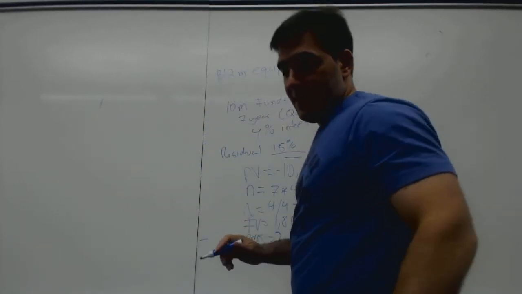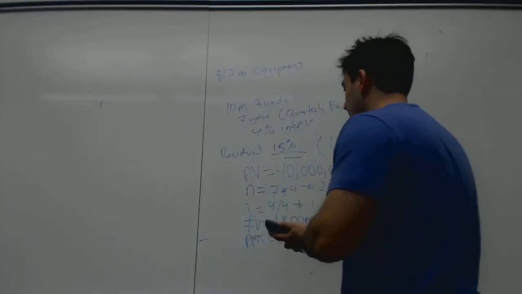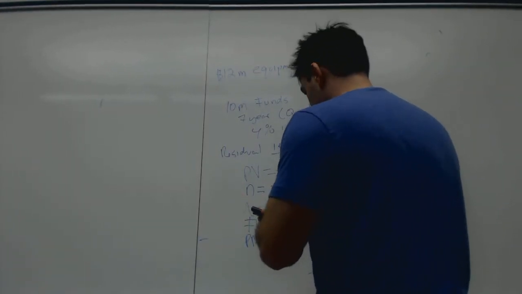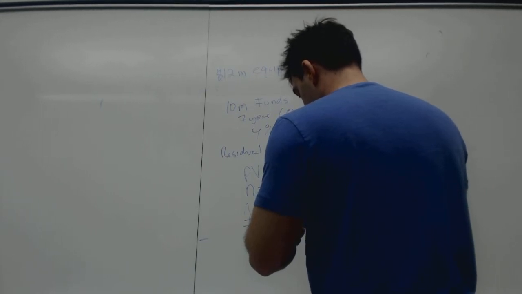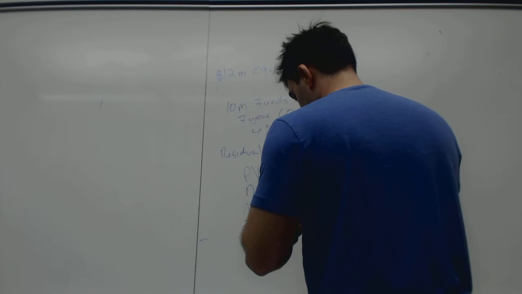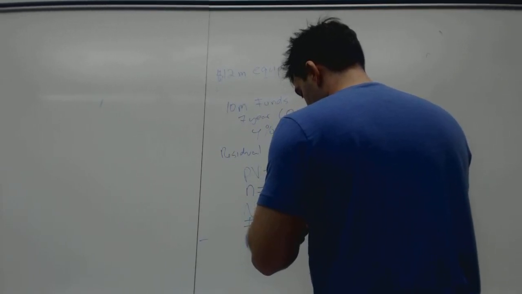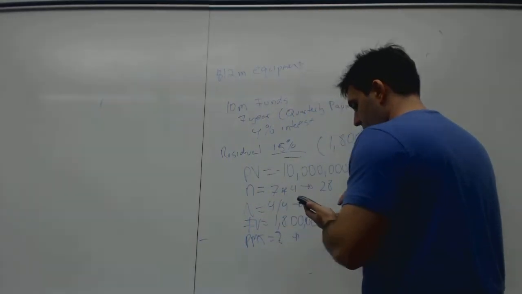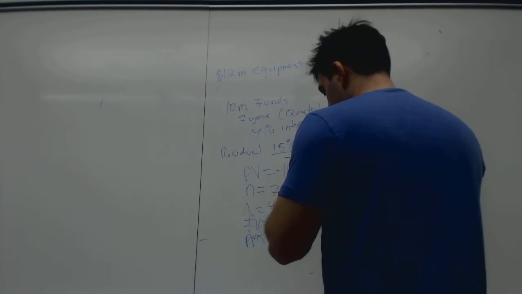We plug this in the calculator. You say 10 million is our present value. 1,800,000, future value.